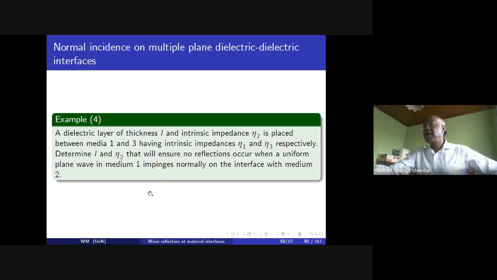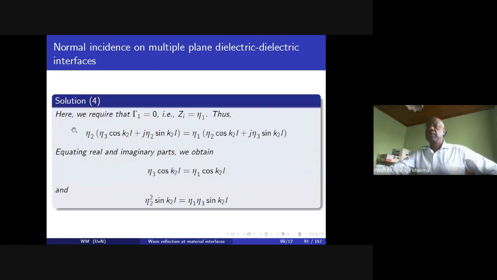And this is just by looking at what we saw as the gamma at minus L. We want the gamma at minus L to be equal to 0, which means that the Zi that we computed must be equal to the intrinsic impedance of medium 1. So we require gamma 1, that is the gamma at minus L, to be equal to 0, and we require that Zi be equal to eta 1.